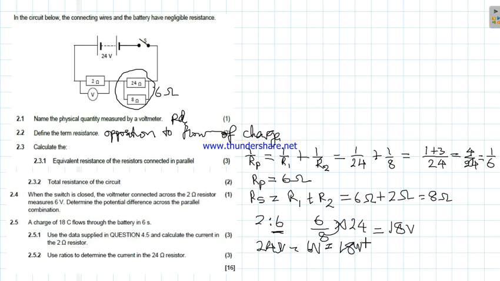Okay, but the main concept here is resistors connected in series are potential difference dividers.